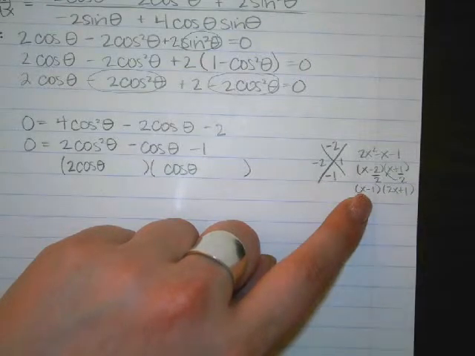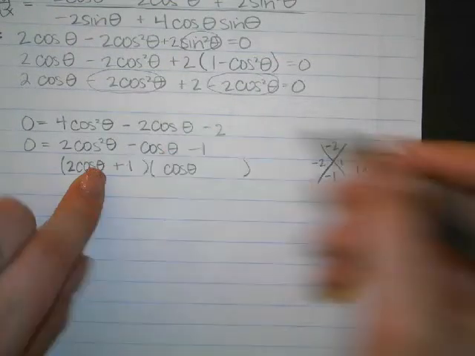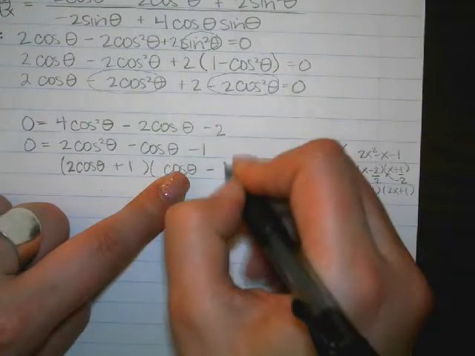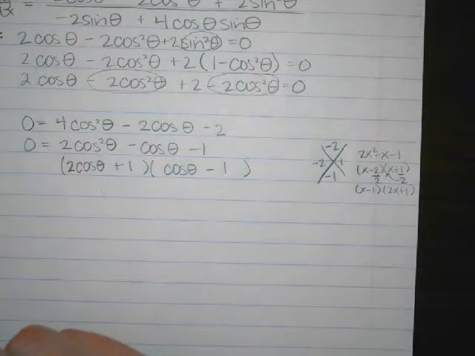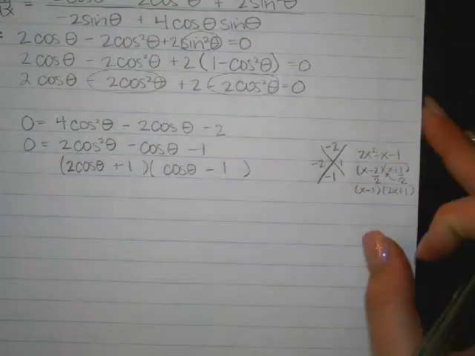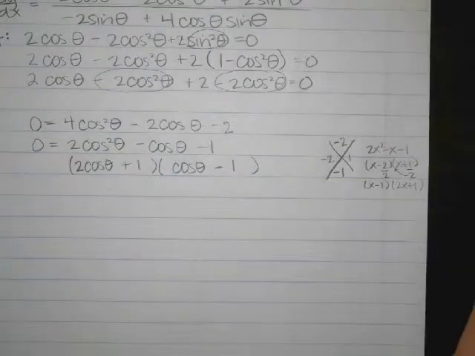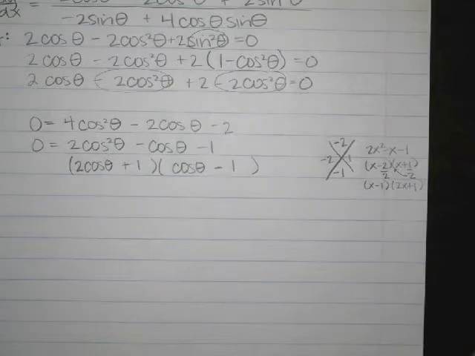So over here, this is 2 cos plus 1, this is cos minus 1. So this is how I taught my students to do it. I'm not sure how your teacher did, but you could have done guess and check and just plug numbers in until it worked. You just would have had to figure out your signs.